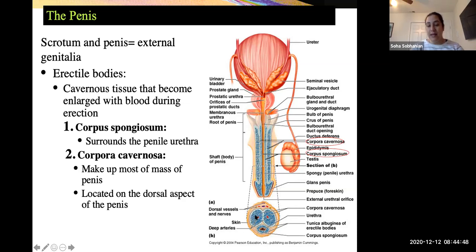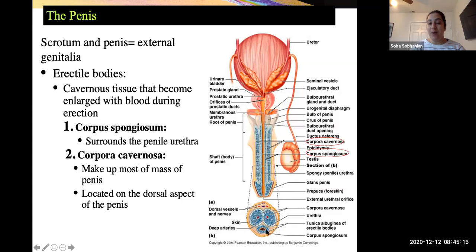There are these two large erectile tissues, and notice that they have their own blood vessels at the center and also on the top. These two are paired and are called corpora cavernosa. If we talk about one of them, it's called corpus cavernosum, with a UM at the end instead of an A at the end, kind of like spongiosa.